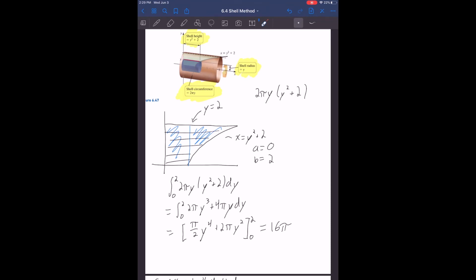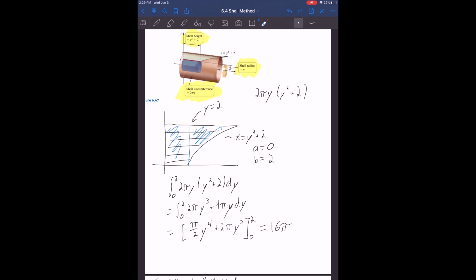If instead we were doing this the other way, we would have to take the inverse of the function x equals y squared plus 2, which would lead to a square root, which is a bit more difficult to integrate. We'd have to use u substitution because we'd have numbers inside of the square root. In this case, it would be completely doable. However, this method is going to be a lot easier than the other method.